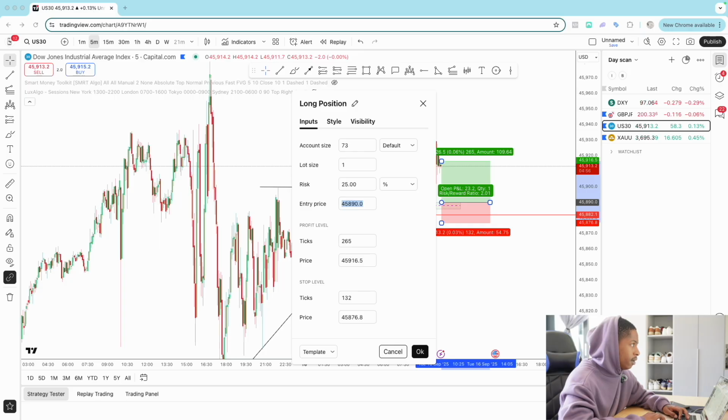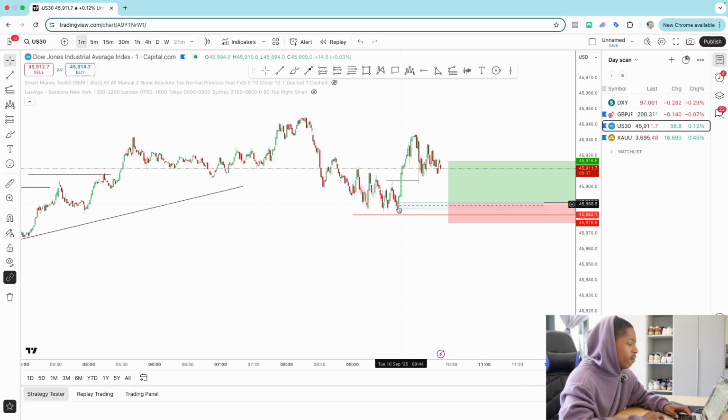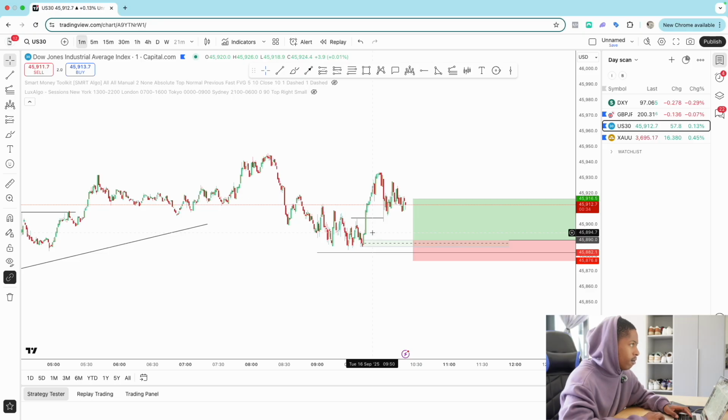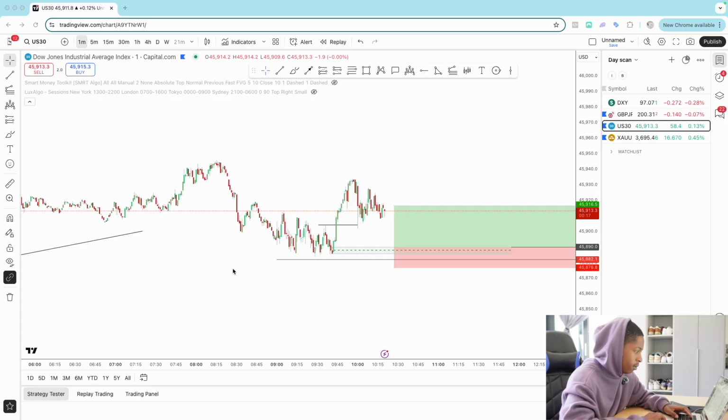No, 4, 5, 8, 9 hours. USDT. Where are we? Stop loss.